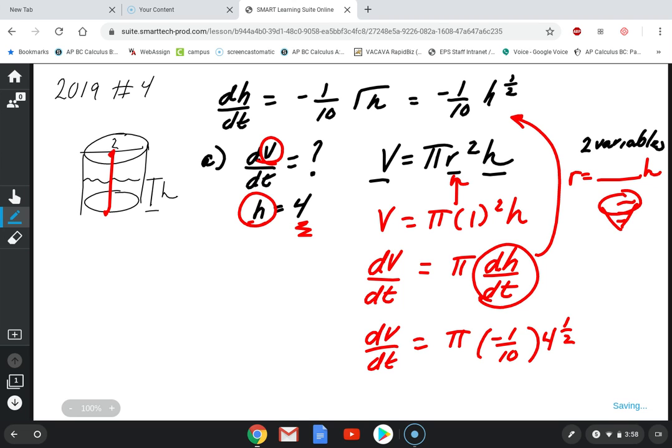So my answer is going to be negative 1/5 pi, and I want to label it. Because it's volume, it's cubic feet per second.